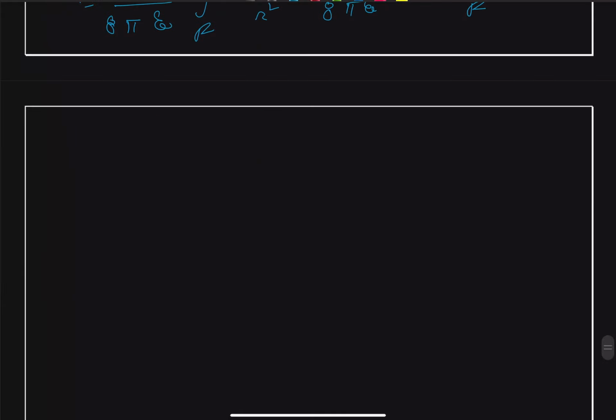So we get our U2 will be equal to q square upon 8 pi epsilon naught times R.